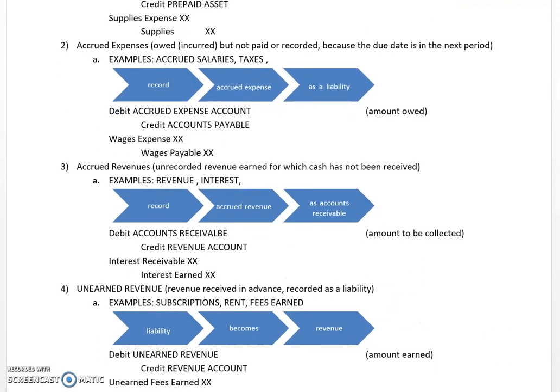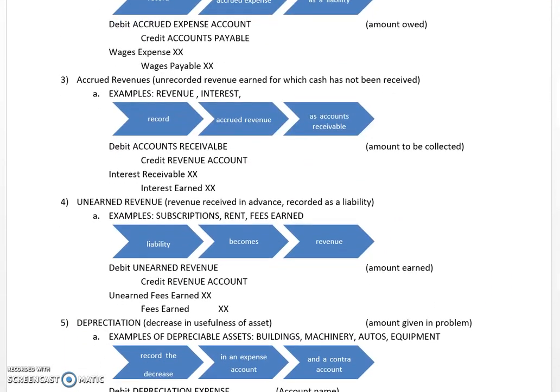The next area for adjustment is unearned revenue. Unearned revenue, like I mentioned before, is revenue you've received in advance of doing any work, and it's recorded as a liability. So in this case, the liability is going to become revenue once you've earned it. So if you've received a check for $500 for services to be provided, and at the end of the accounting period you have provided half of the services, then you have earned half of that $500.